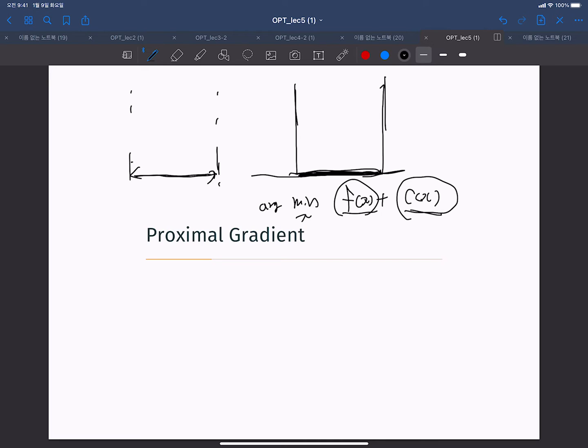So the additional barrier function does not change your optimization solution. You will have the same x star as the original problem with the convex constraint set.